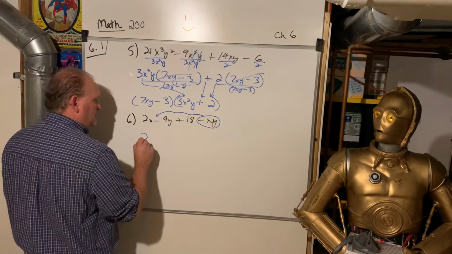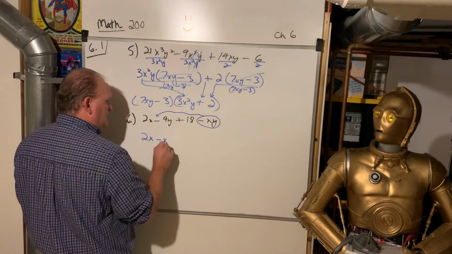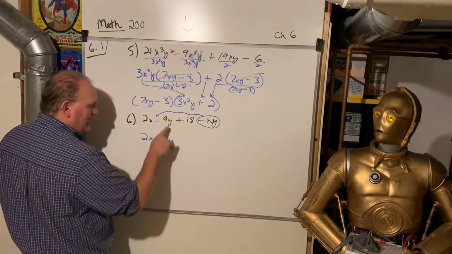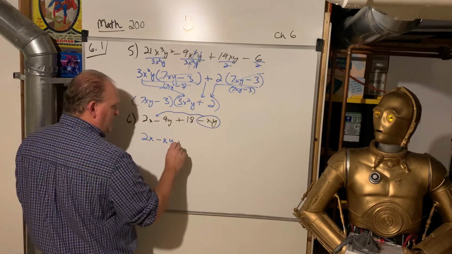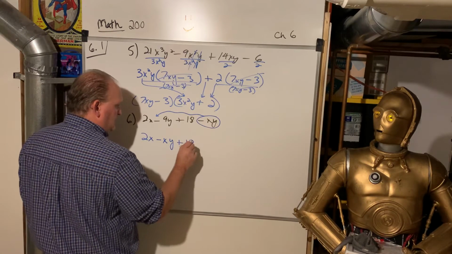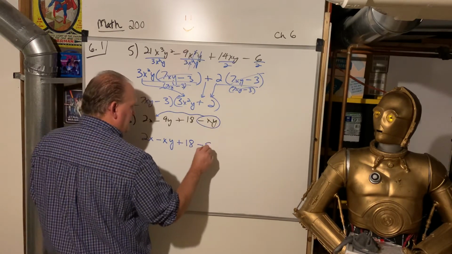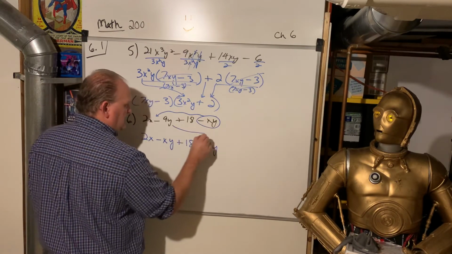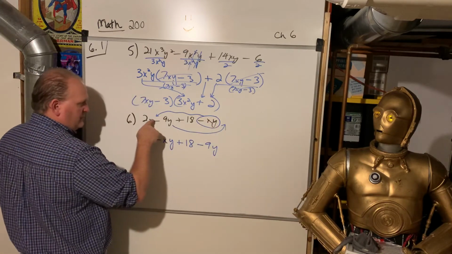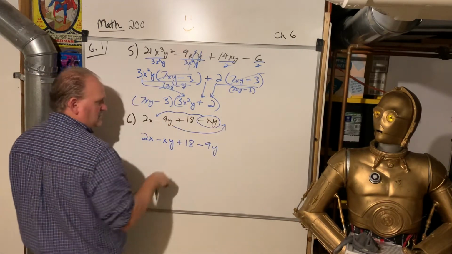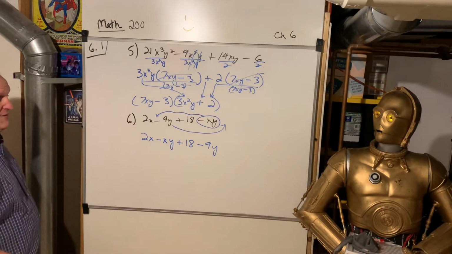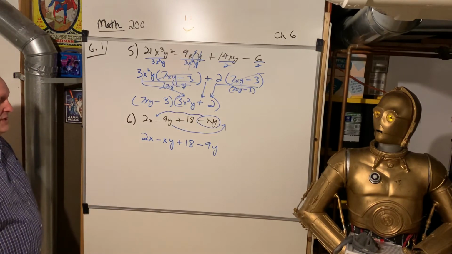So we have 2x minus xy. I want the y's to kind of match up. So I'm going to leave the 18 where it is, and then minus 9y. So I rearranged. This one went to the second position. That one went to the last position. Okay, but I didn't change anything. I didn't factor anything. I just rearranged it so it's a little neater.